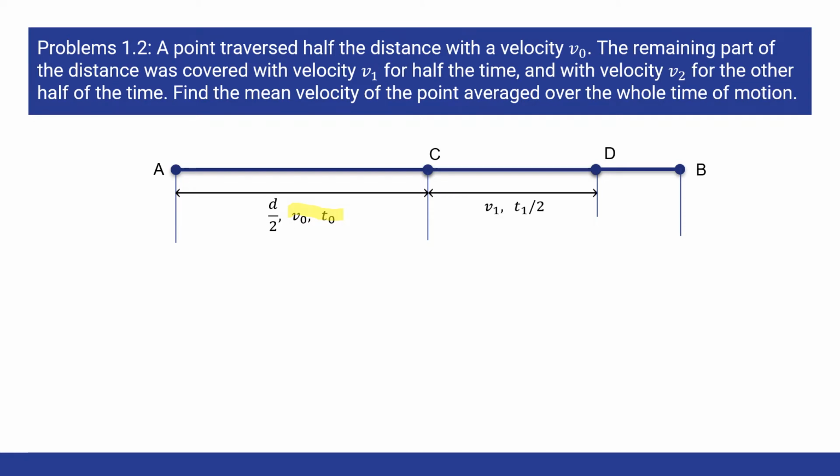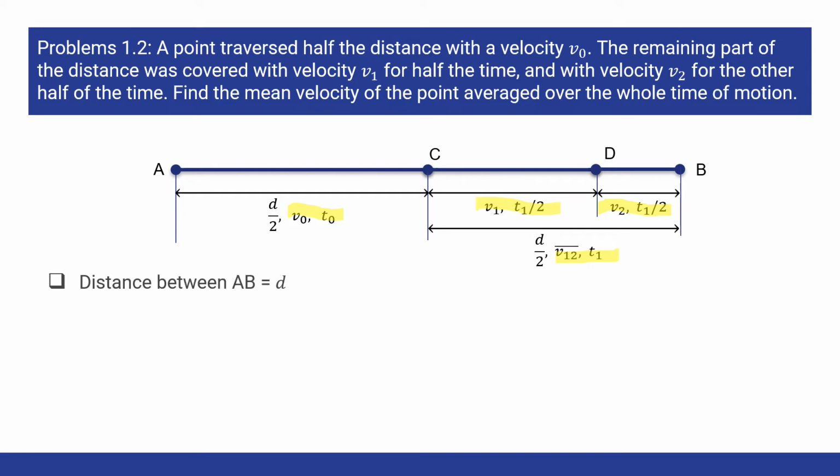Therefore, the distance CD is traversed in time t1 by 2 at velocity v1 and distance DB is traveled in time t1 by 2 at velocity v2. The average velocity between C and B can be taken as v12 and this distance is traversed in time t1.